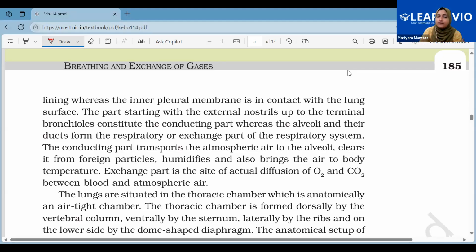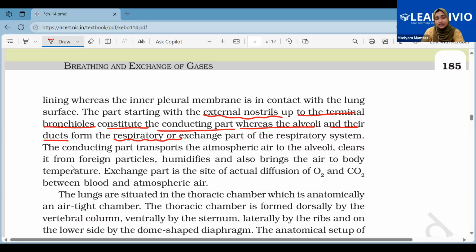So, starting from the external nostrils up until the terminal bronchioles constitutes the conducting part, whereas the alveoli and their ducts form the exchange part, meaning this is where the exchange of gases takes place. So if anyone asks you what the site of exchange of gases is, it will be the alveoli. It's where the gaseous exchange takes place. Clear?